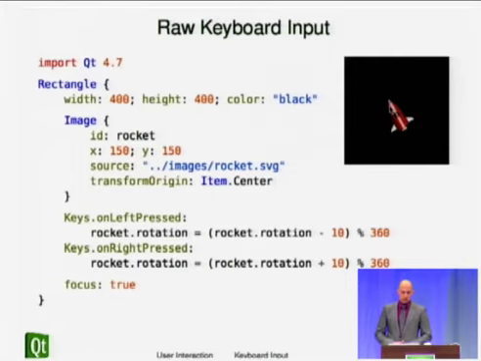And then we hook up to two signals, or in other words, we implement two handlers here in line. One is for the left pressed and one is for the right pressed, and then we change the rotation of the rocket based on this very fancy math. Basically, we're rotating a bit more to one direction on left and to the other direction on right pressed. And we give this guy focus initially.